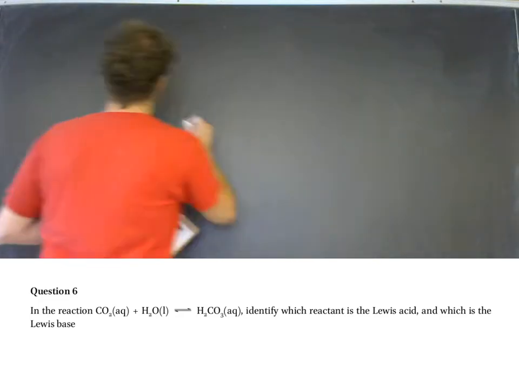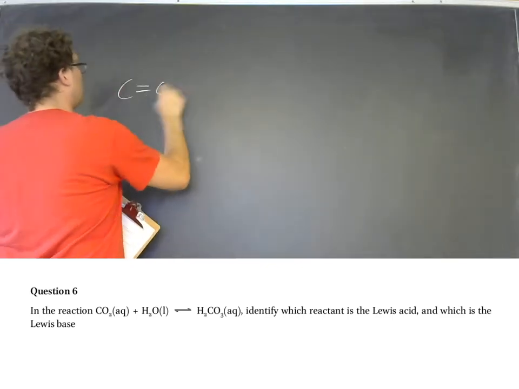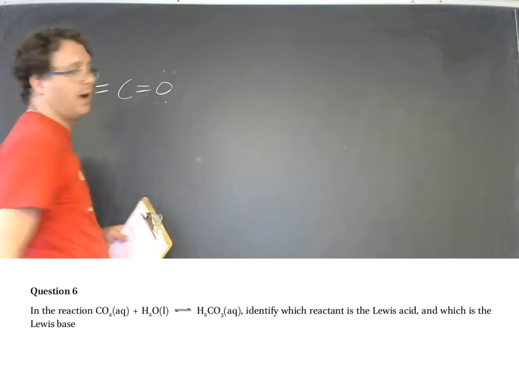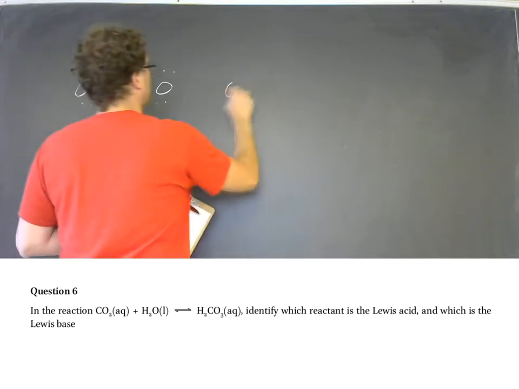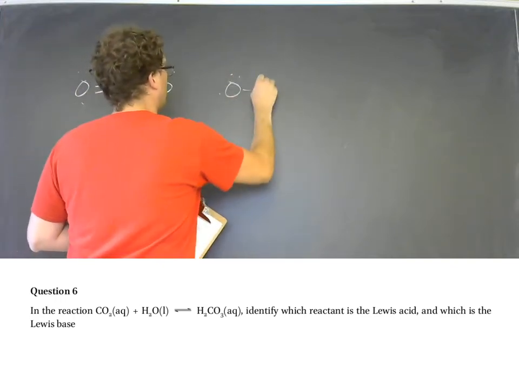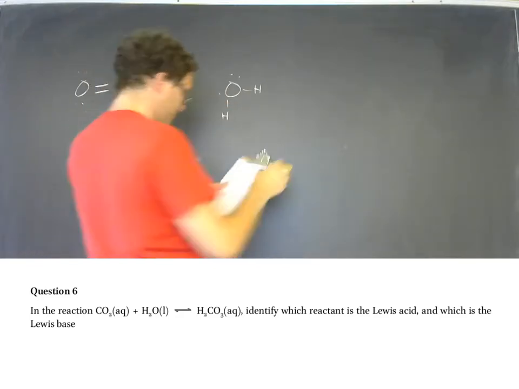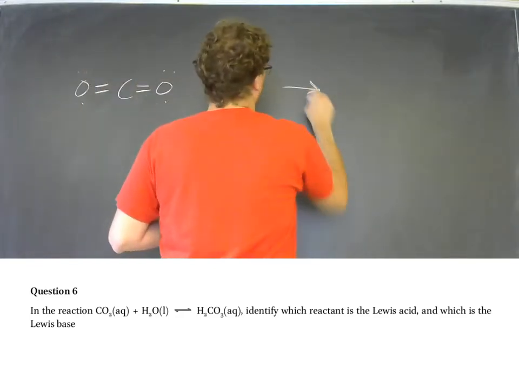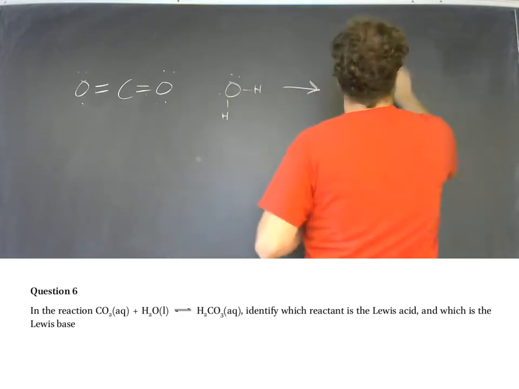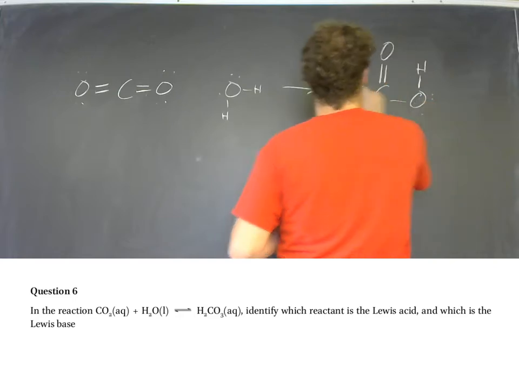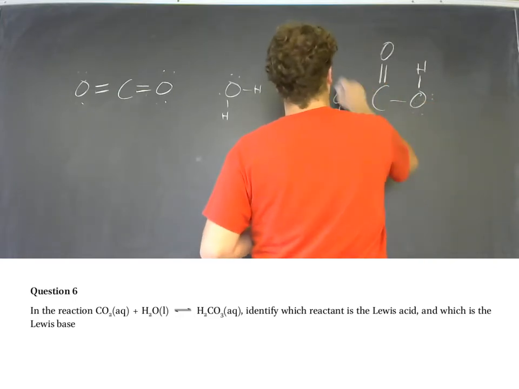Well, in order to do that, let's draw Lewis structures of our reactants and of our product. So let's see, O, O, H. There we go.